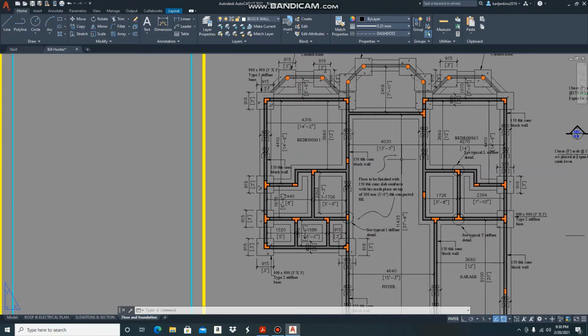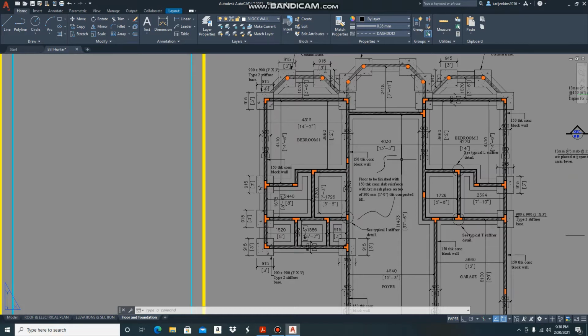If your foundation fails, your structure fails. The foundation is responsible for carrying all the gravity loads of the structure, meaning your dead load, your live load, plus the self weight of the building itself.